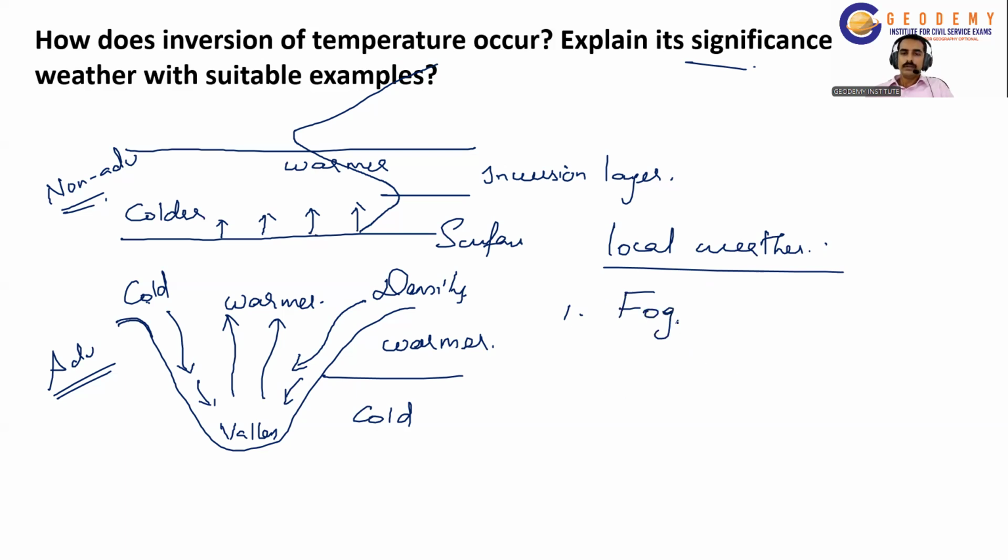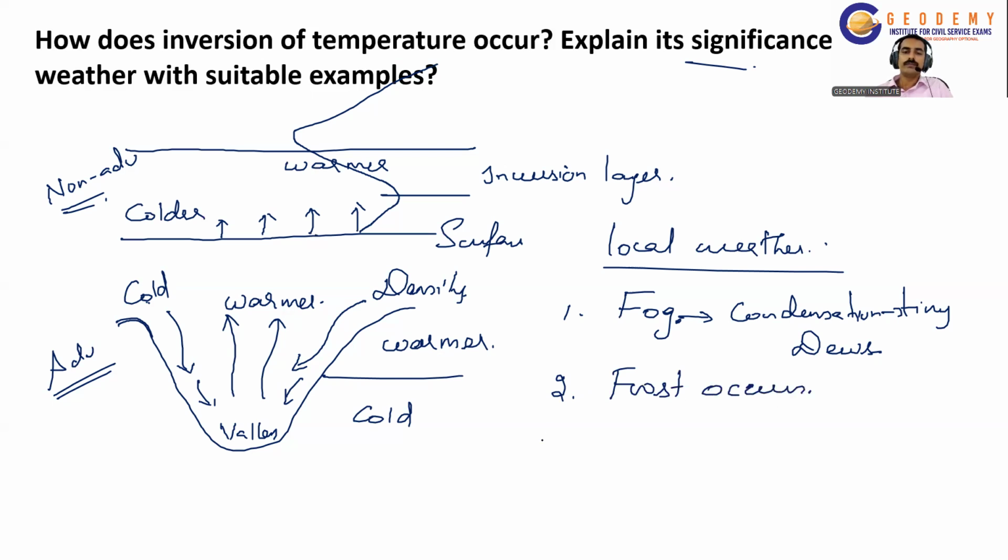During fog formation, if condensation occurs, it becomes tiny water droplets and forms dew in the environment. This is one local weather condition. And then if the surface is extremely cold, the moist warmer air above will be cooled quickly and frost conditions may form. So frost occurs due to this.